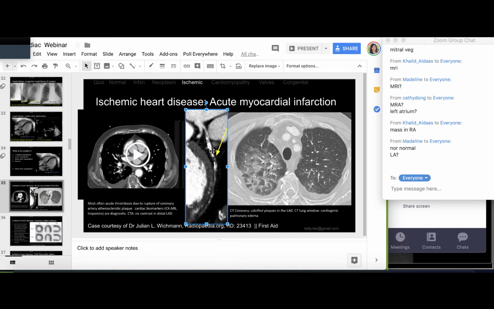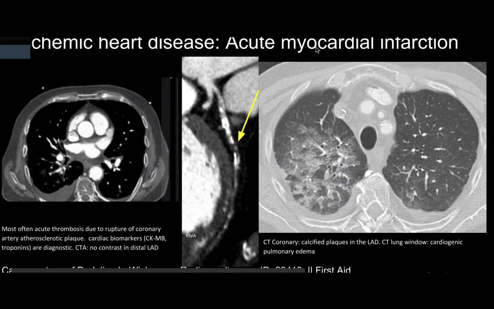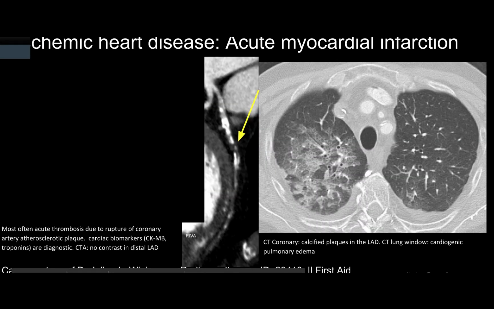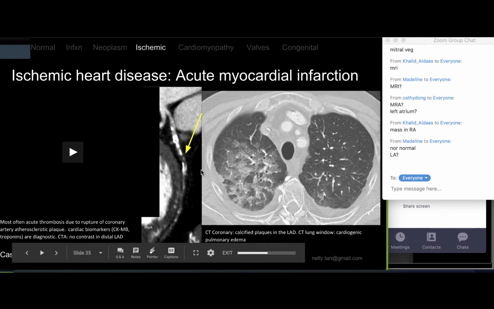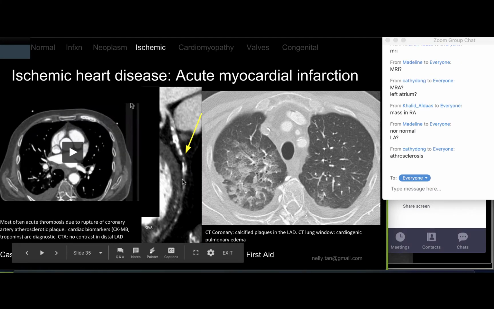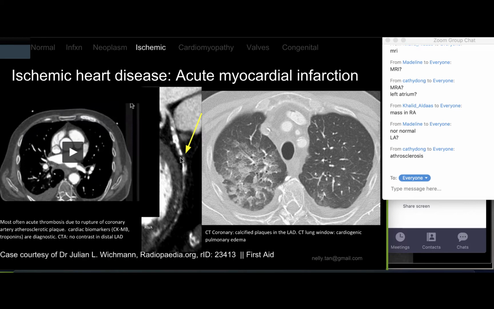So you have the LAD, and what do you see here at the LAD? Is it a nice, beautiful, patent vessel? Athero, right? So you have both calcified and non-calcified atherosclerosis. Calcified is the high density stuff you see, and non-calcified is the soft atheroma as well.